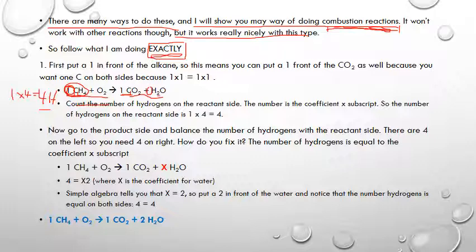So what number times 2 will give me 4? Hopefully you'll see that it's simply 2. So this becomes 2. So now on the product side, there are 4 hydrogens on the left side, and we need to have 4 on the product side. You can see that X times 2 has to equal 4. So it's coefficient times subscript is how many of the atom.